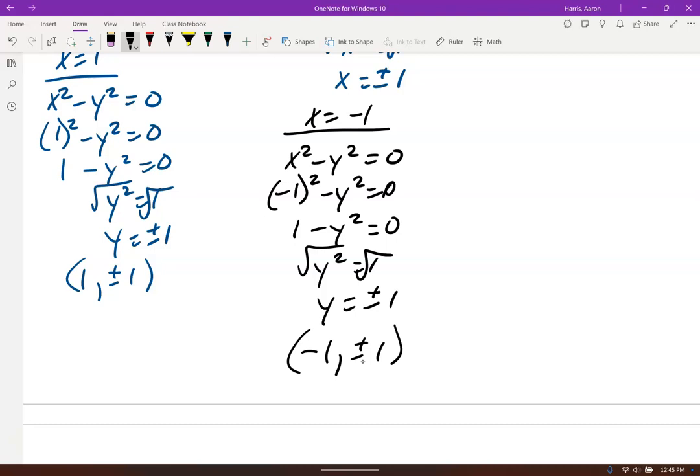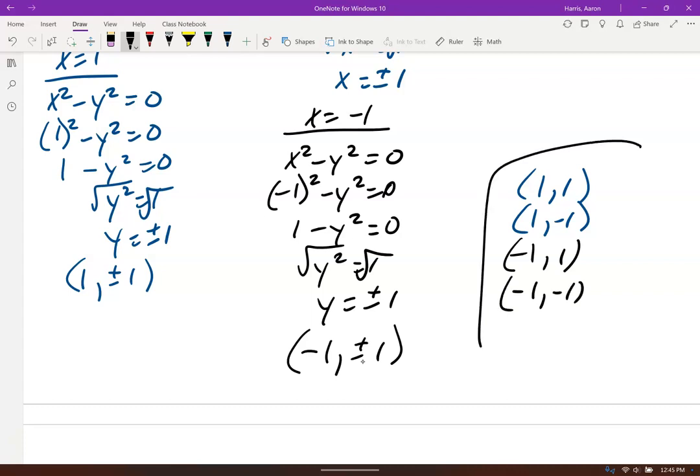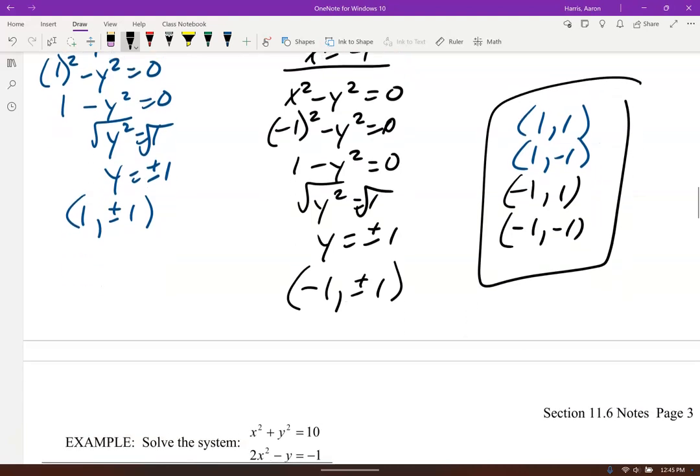So you have 4 answers. You got 1, 1. You got 1 with the -1. And then you've got -1 with the positive 1. And you got -1 with the -1. Okay, you could also take a look at that visually if you choose to.